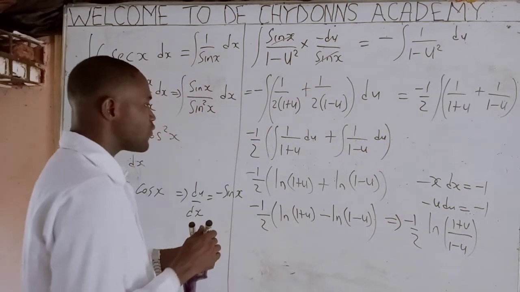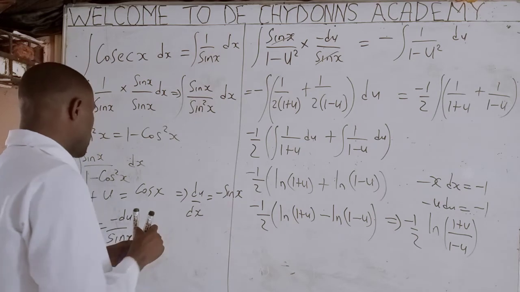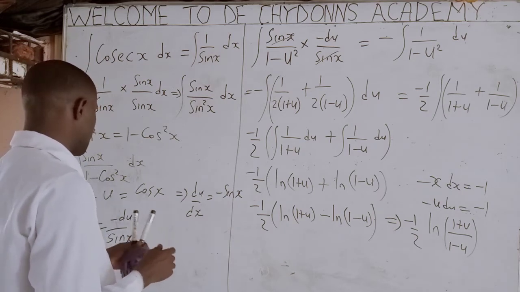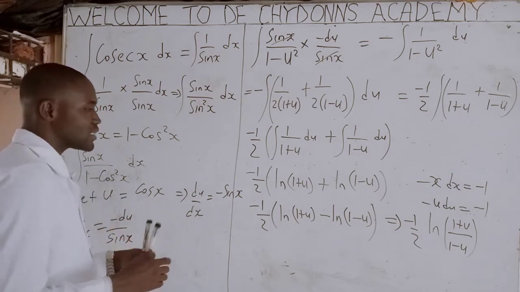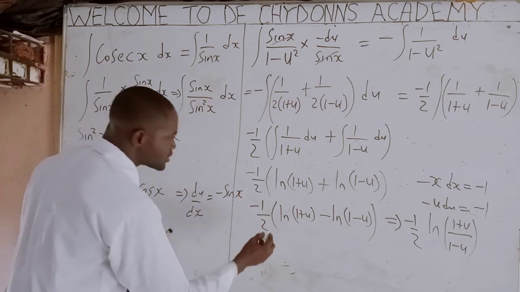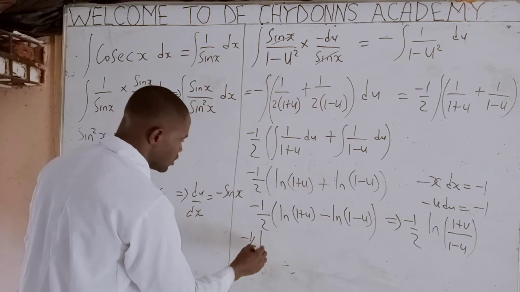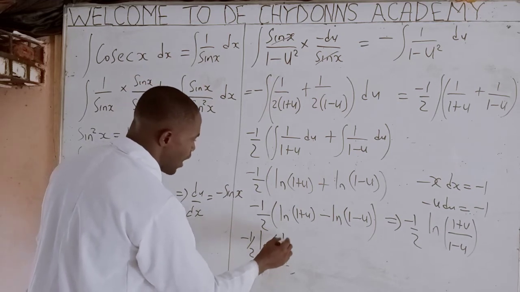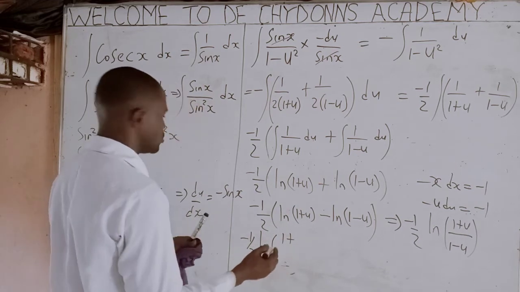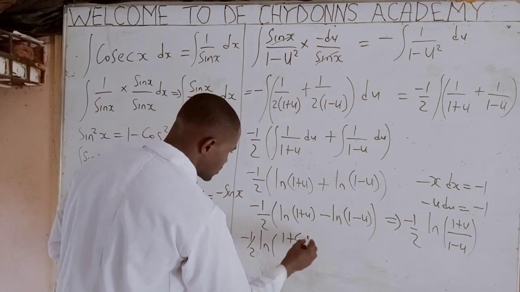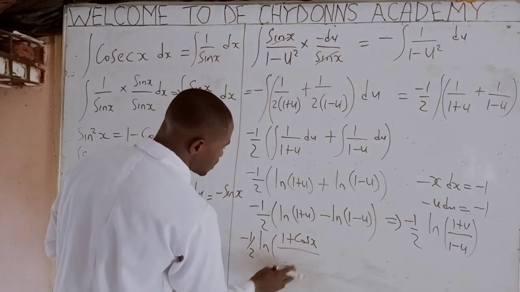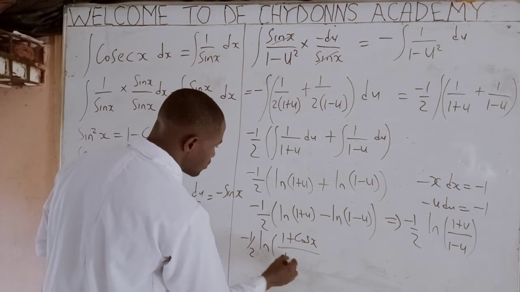Then ask yourself, what is your u? Your u is equal to cos x. So this means minus 1 over 2 ln 1 plus, what is my u? Cos x, all over 1 minus, what is my u again?